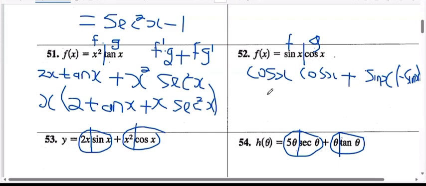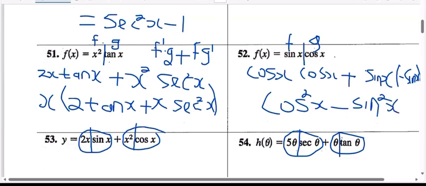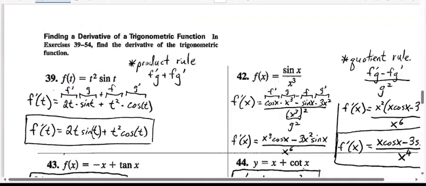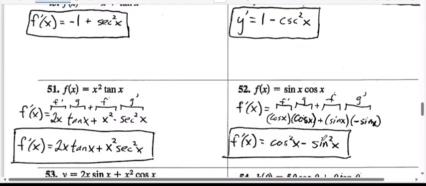When I multiply this by that, I have cos squared x, then minus sin squared x. So when you take a look at number 52, you can see cos squared x minus sin squared x.